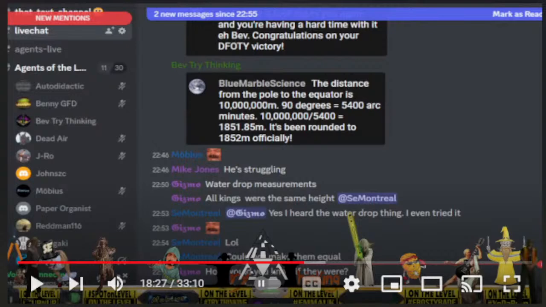He's assuming it's not curved, so therefore it has to be a straight line. That's basically what he's saying. He does this all the time.